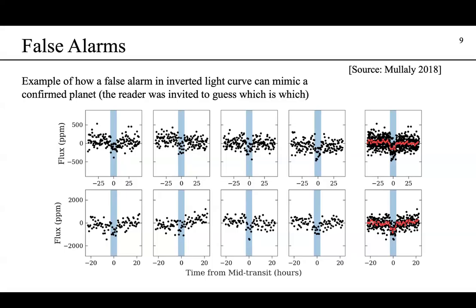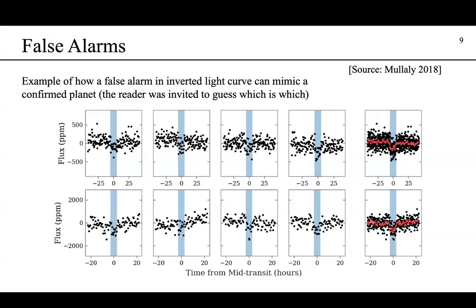And the other one is found in an inverted search, in which by definition you don't have transits because everything is upside down. And they ask us to guess which one is from the true search and which one is from the inverted. They look basically the same. And this is just to illustrate that data is tricky and it is full of those false alarms, which you cannot tell apart from the actual transits.